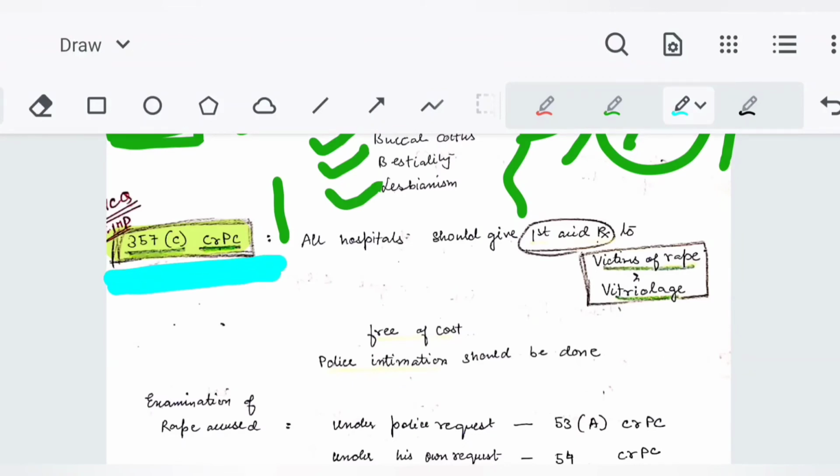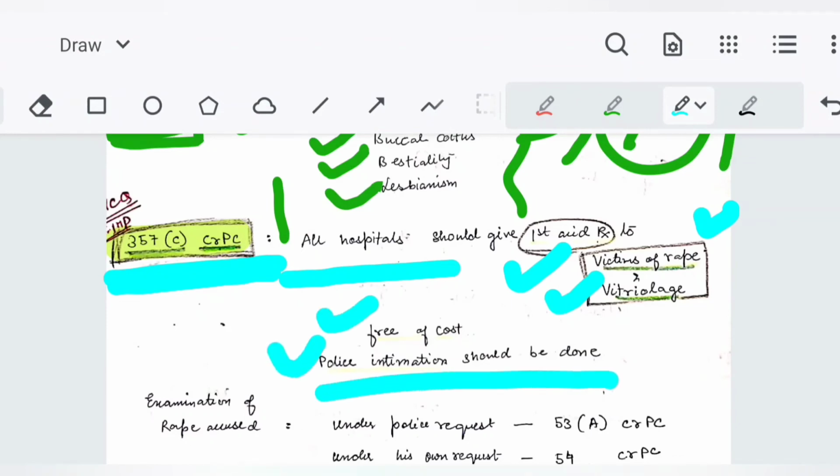Now 357C CrPC deals with the procedure of first aid treatment to all rape victims and vitriolage victims. Okay. It should be free of cost and police intimation should be done. So it gives the procedure. CrPC always deals with procedures. So procedures for first aid treatment for rape victims and vitriolage victims.